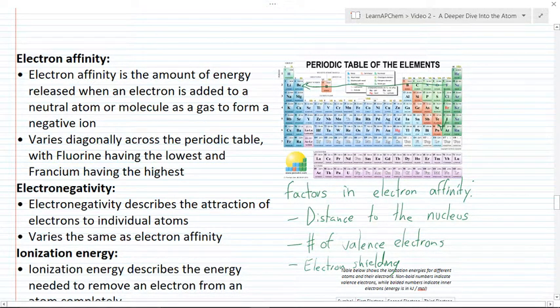So, thinking about it, fluorine, while it doesn't really want an extra electron, it's going to take it because there's not a lot of shielding. We have 7 valence electrons, and our distance to the nucleus is going to be close, while francium doesn't really want the electron because that electron has a high distance to the nucleus.